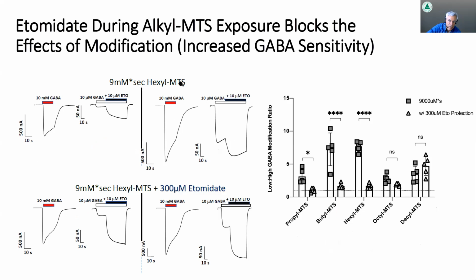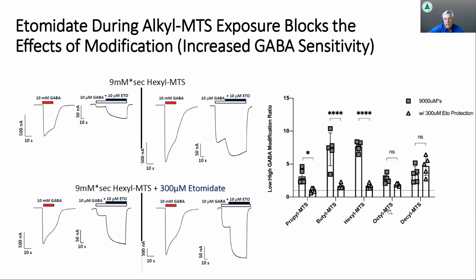So when there's no etomidate present, as you can see, the post-modification effects of both GABA and of etomidate are dramatically changed relative to the pre-modification effects. When etomidate was present during exposure to the same amount of hexyl-MTS, the change relative to pre is much, much lower.